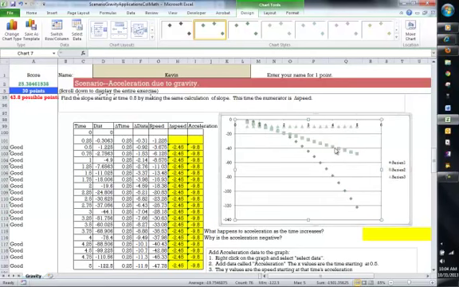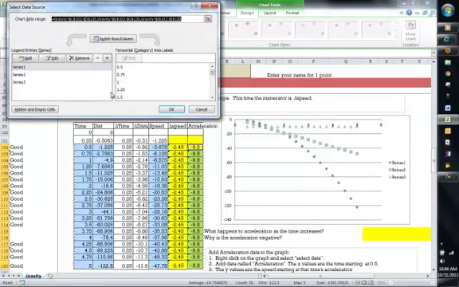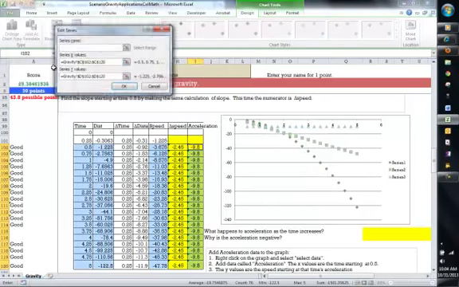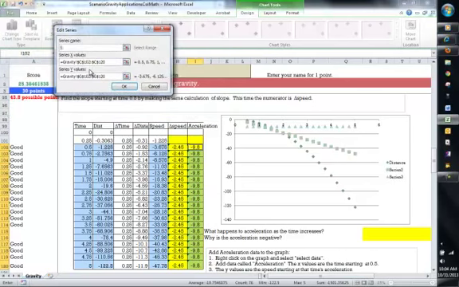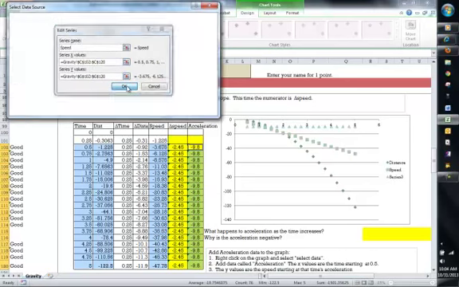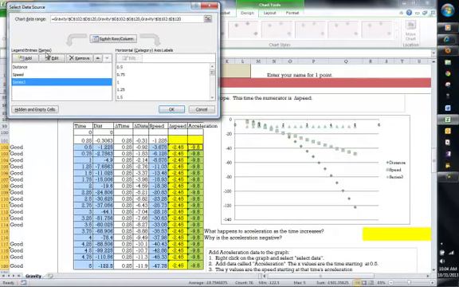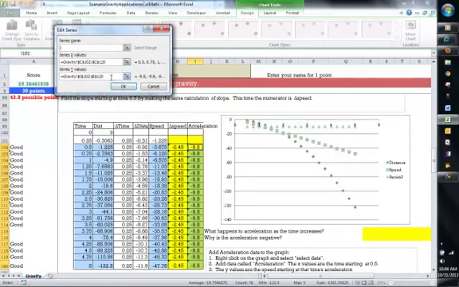And we have to change the names. This first one, select data. Change the first one to distance. Change the second one to speed. And change the third one to acceleration.